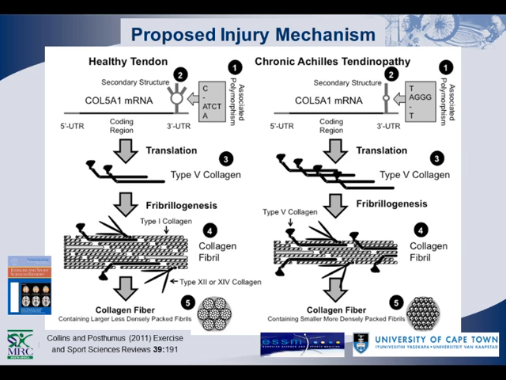The more type 5 collagen produced, the tighter your fiber bundles and the more densely packed they are, compared to the contrast, where you have the opposite DNA profile. You have less type 5 collagen being produced. Your collagen fiber is less packed and the diameters are much wider.